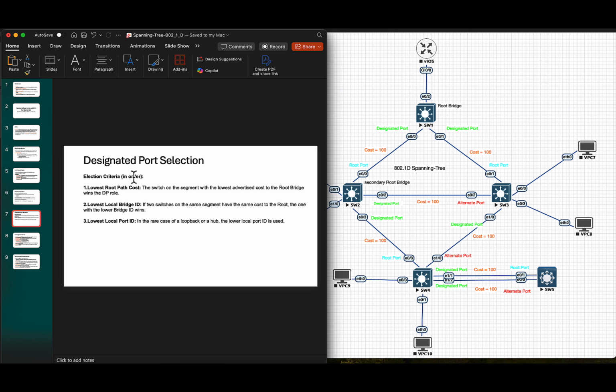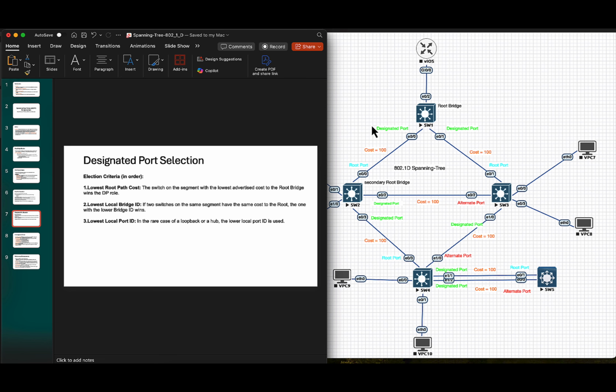So in the next video, I think we're going to play around with the manual configurations, like how you would influence the root port, or how you would influence the alternate port. So you can move it around. That's just a way to design your spanning tree network if you need to.